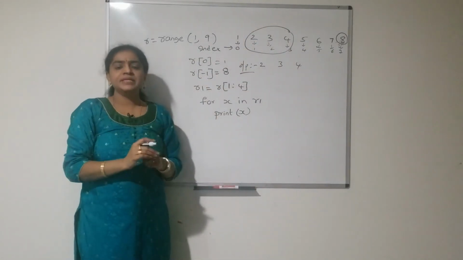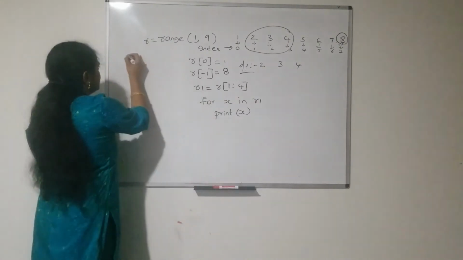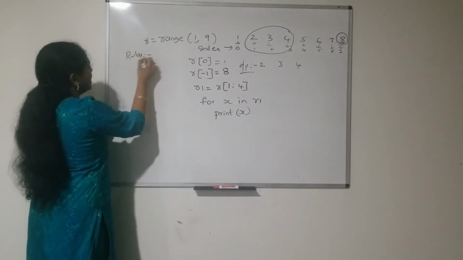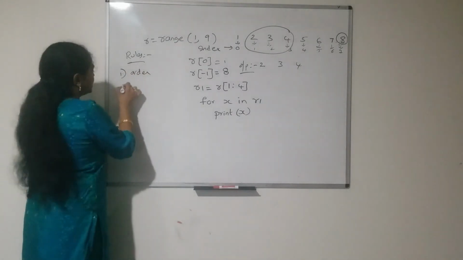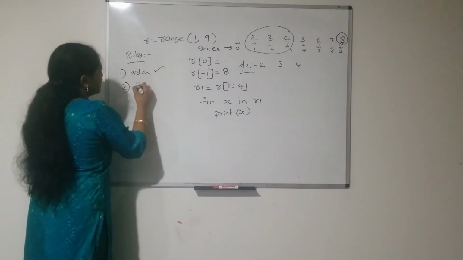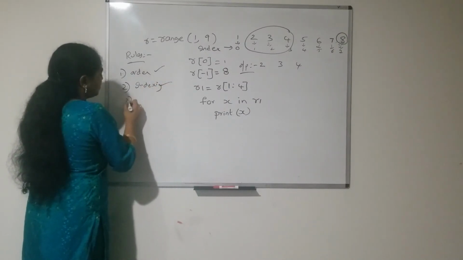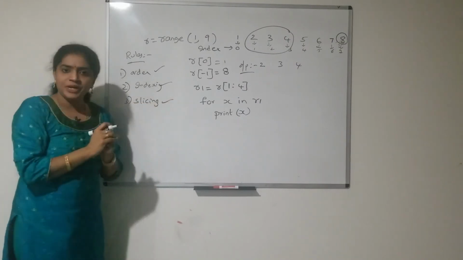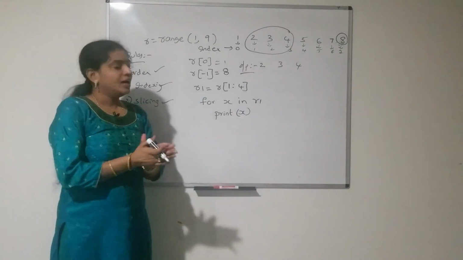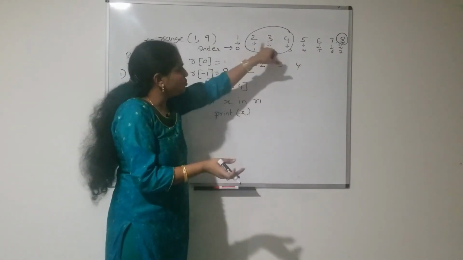So what are the main things you have to remember in range data type? Order is important. Next, as order is important, indexing and slicing operations can be performed. Next, can I assign some values to the range objects?